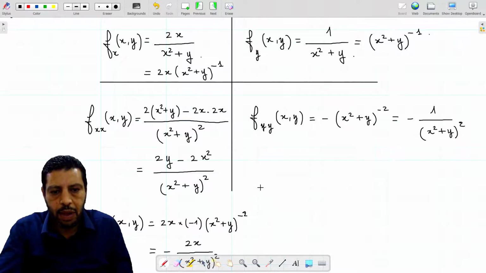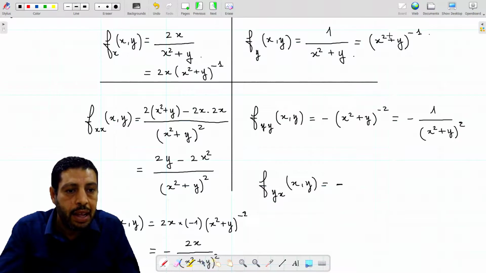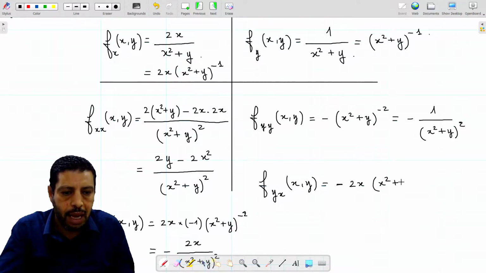Now, we move to fyx. Again, here you don't need to use the quotient rule. Use this form with the power rule. So it gives negative, the negative 1. Then the derivative of what's inside, but this time with respect to x. And the derivative of what's inside here with respect to x is 2x, okay, times x squared plus y to the power of n minus 1.